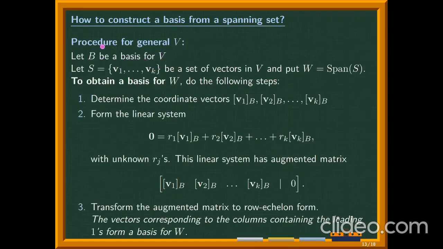Okay, so we fix a basis for the vector space and then compute the coordinate vectors with respect to our chosen basis for the vectors in question. Okay, and then we may proceed as in the procedure described for Rn, because after doing this first step, our vectors will then be represented by column vectors.